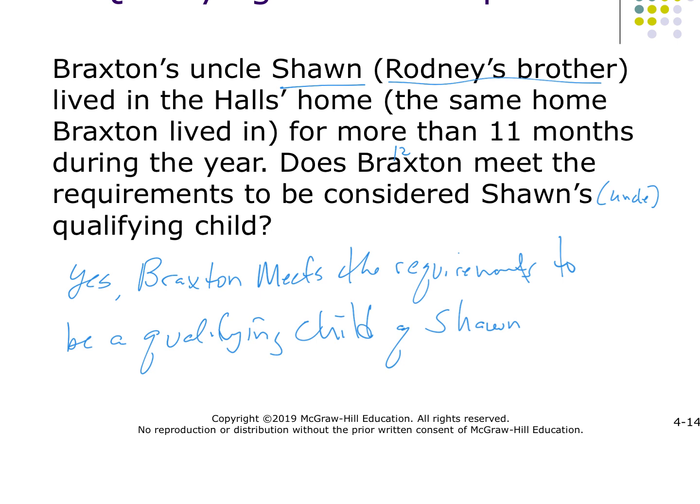But if he's living in the same house with his uncle and his own parents, they have dibs, essentially, on him being their dependent, okay? So Braxton is assumed to be his parents' dependent, even if someone else who qualifies is in the same home, okay?